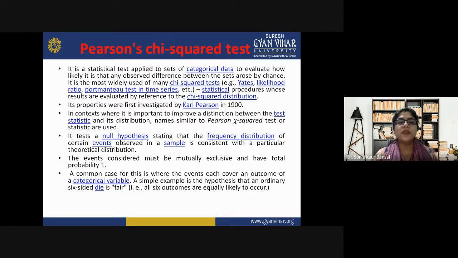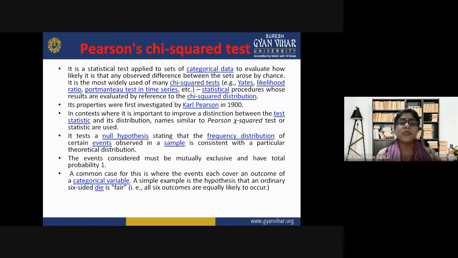So names similar to Pearson chi-square test for statistics are used. It tests a null hypothesis stating that a frequency distribution of certain events observed in a sample is consistent with a theoretical distribution. The events considered must be mutually exclusive and have total probability 1.